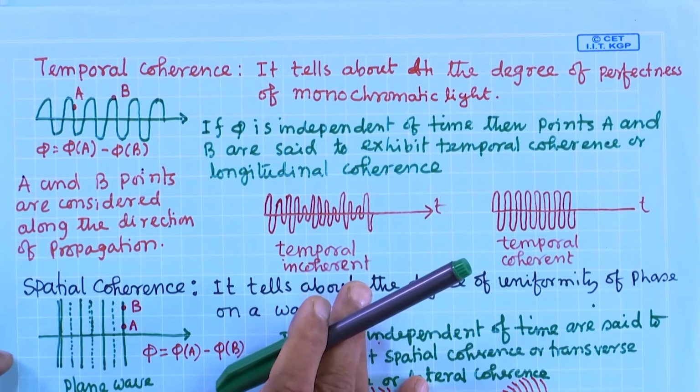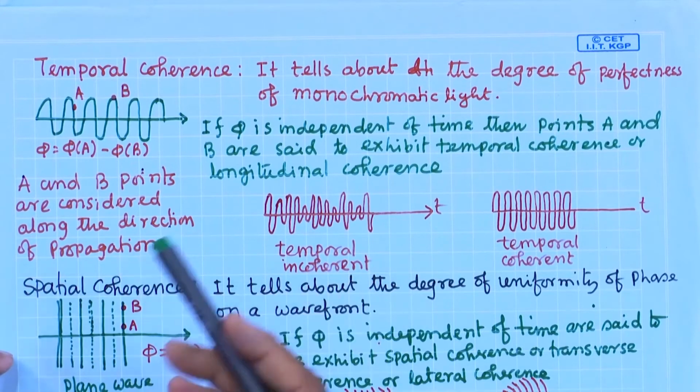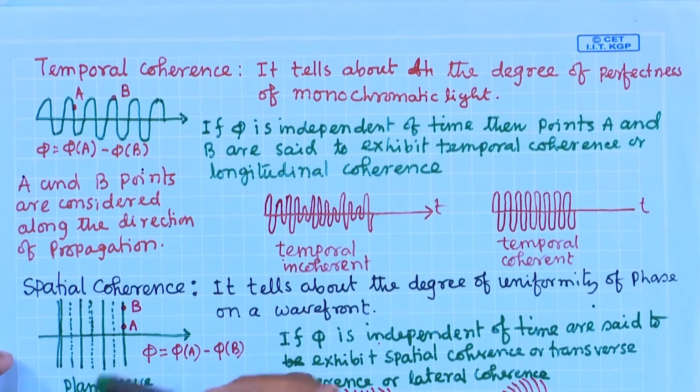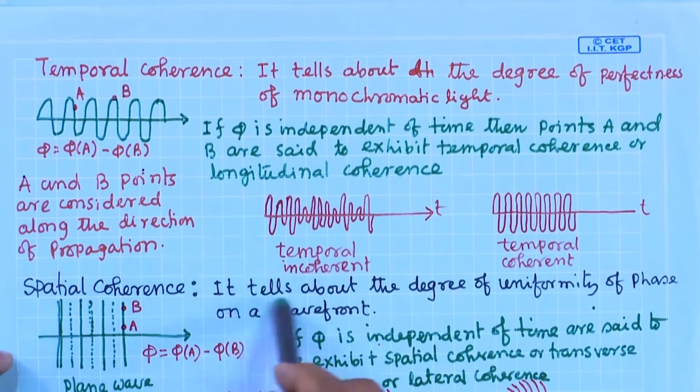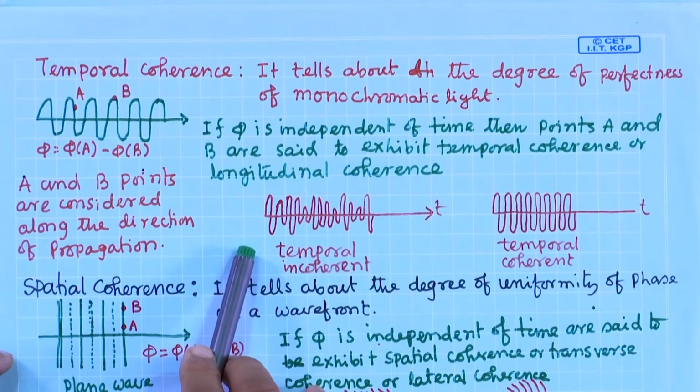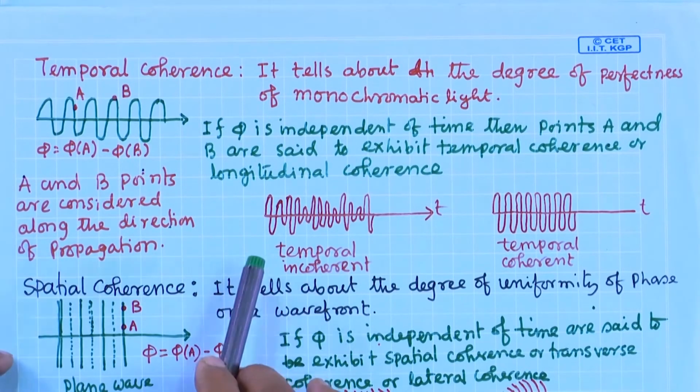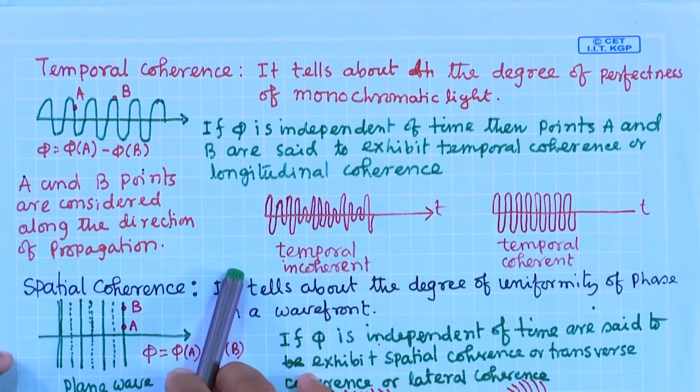Now we classify why it is not coherent: because in the time part it is incoherent. So that is what we call temporal coherence or temporal incoherence.